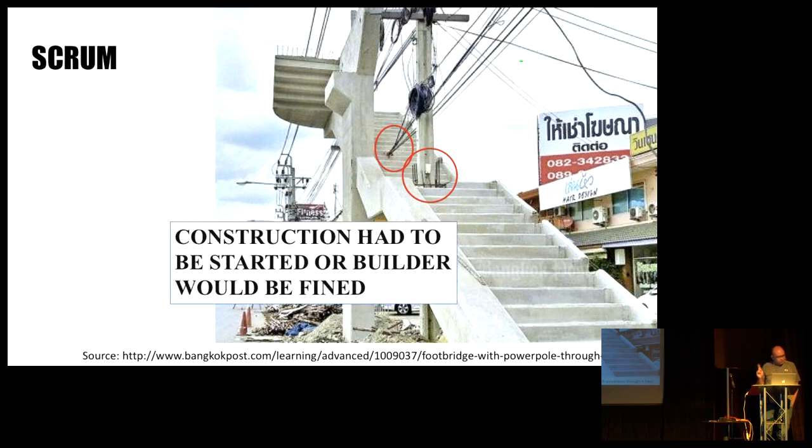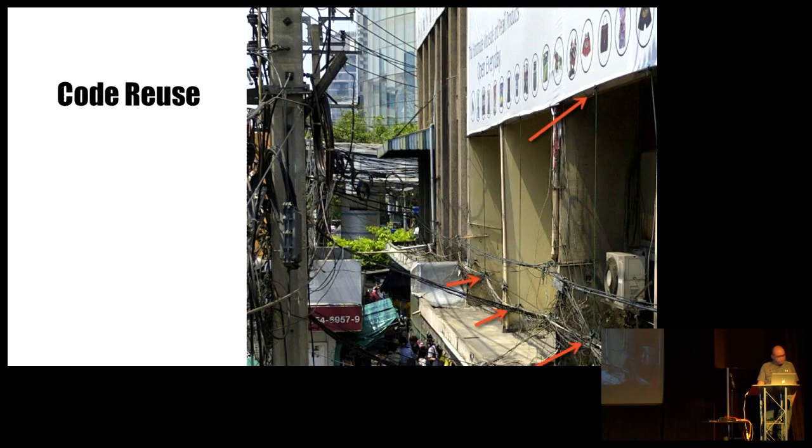It's because the construction had to be started, the sprint had to go on, otherwise the builder would be fined. I also found instances of code reuse. Somebody really smart, I don't know if it was a pivot, a new business model, decided to hang a billboard, and they used those really interesting telephone wires to make sure that the billboard was stretched out properly.